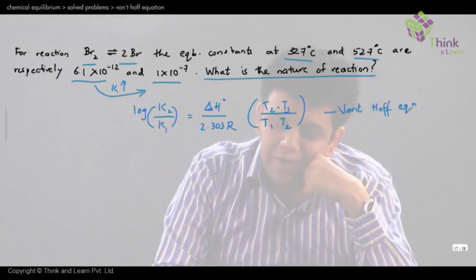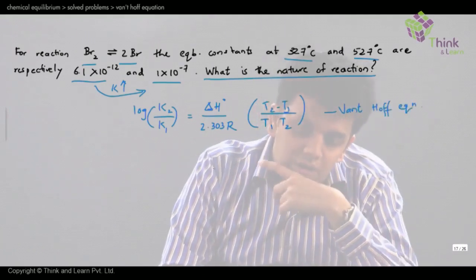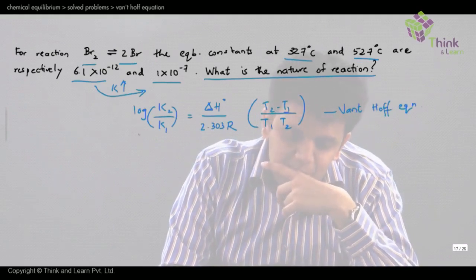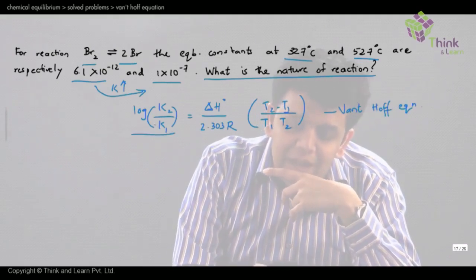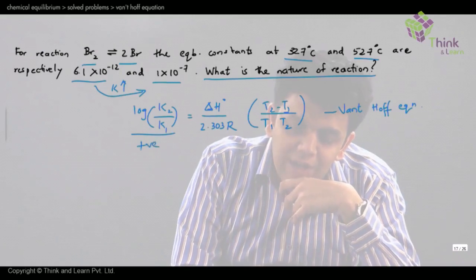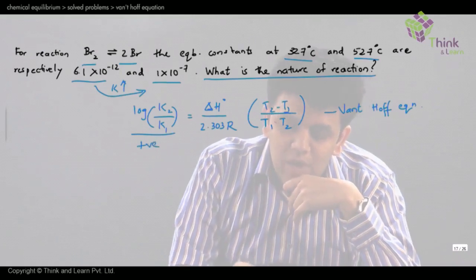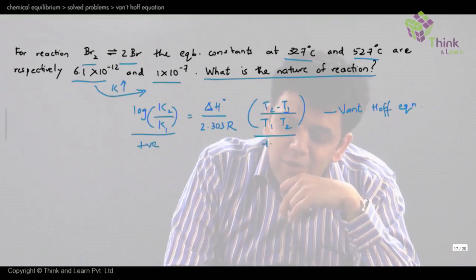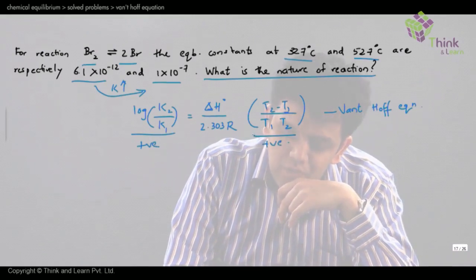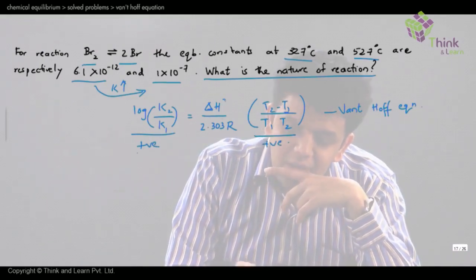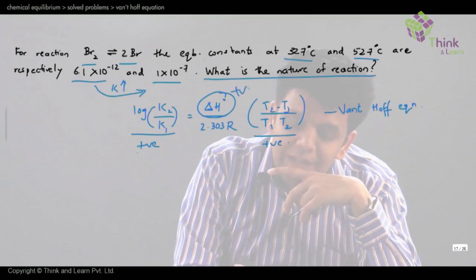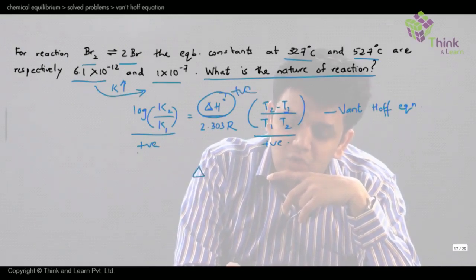So now this is the Van 't Hoff equation. Here, K2 by K1 and effectively its log is going to be positive. T2 minus T1 by T1 T2 is also positive. So clearly, for this side to be positive, delta H has to be positive.